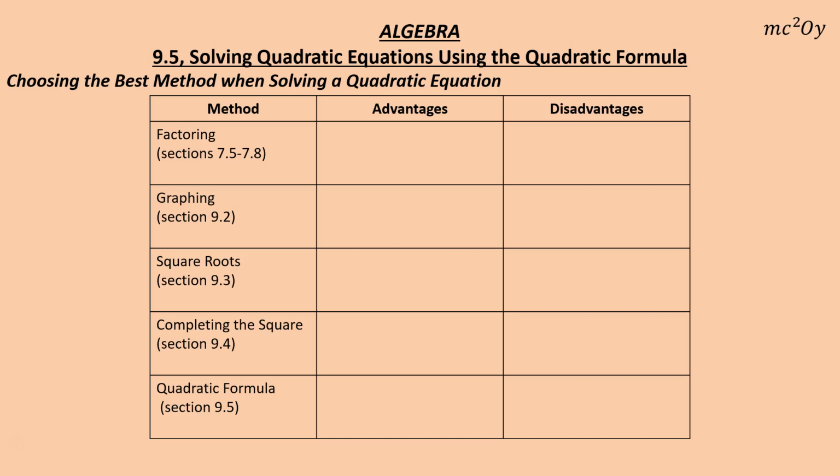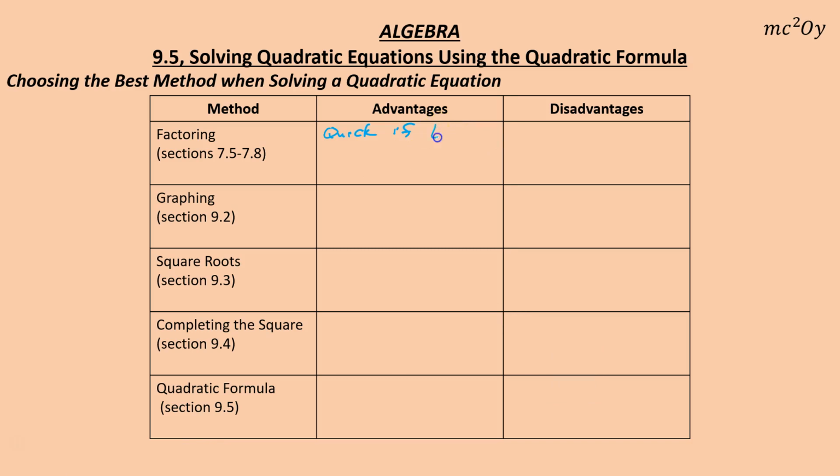Some advantages of factoring: it's a quick method. Well, maybe you should say not if you can factor, because that implies you might not be able to actually do factoring.